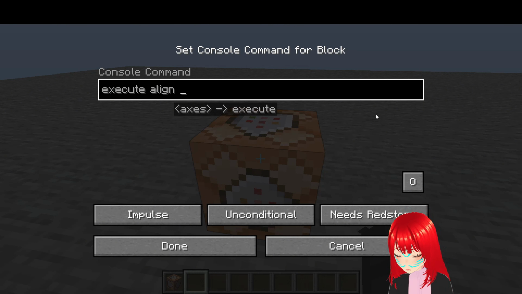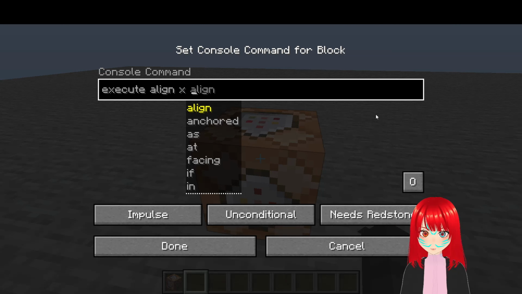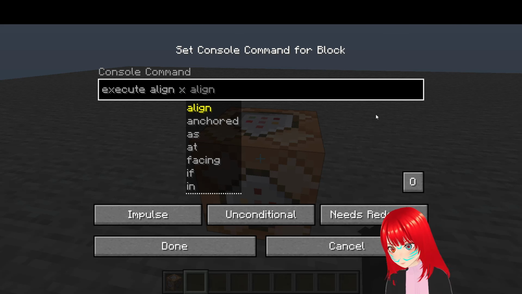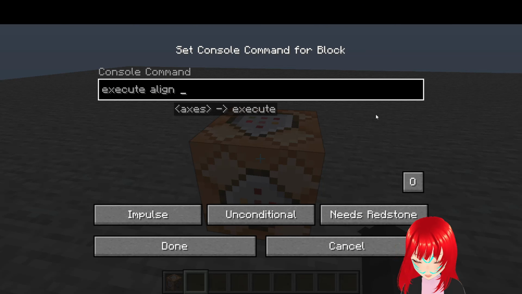So, how to write this? Okay. What this does is you're aligning, and instead of typing the actual number, you type out the variable.